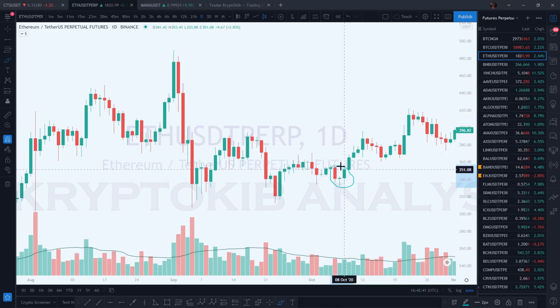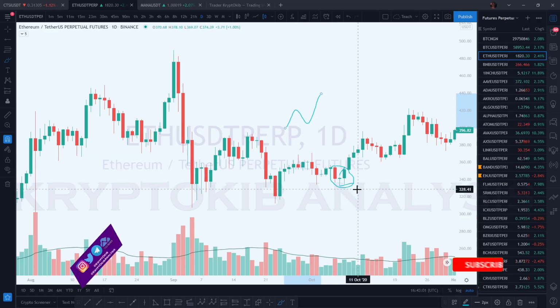Then when the morning star forms, you have this low and this low making a higher low, then this side to this side making a higher high. It shows a change in structure, right? So you can long on close of this candle, or you can wait for a retest of that candle.